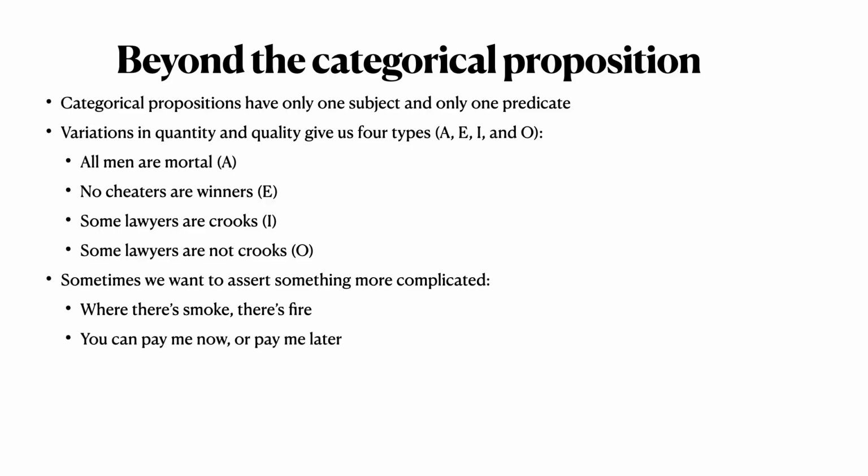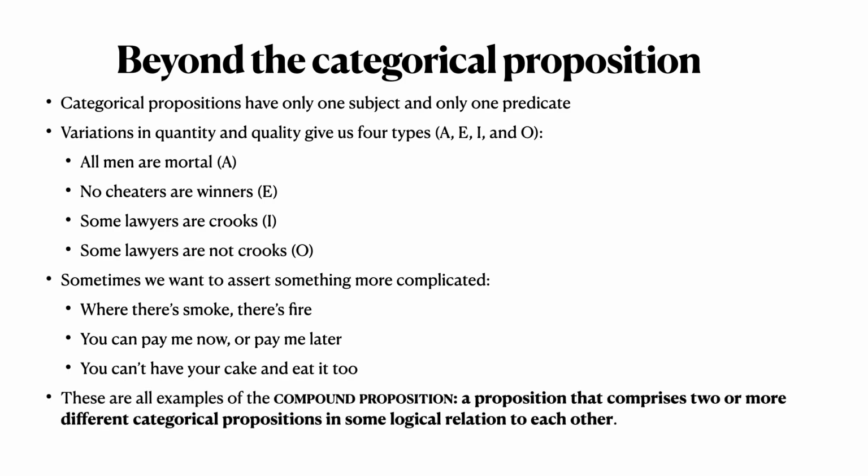Or, you can pay me now or pay me later. Or, you can't have your cake and eat it too. These are things that we could possibly say using the A, E, I, or O format, but it's not the most natural way to say it. It's not the way people in fact say it. They use forms that are much closer to what we mean by a compound proposition.